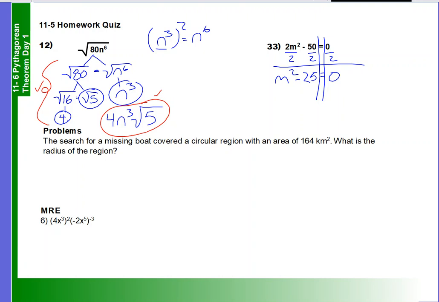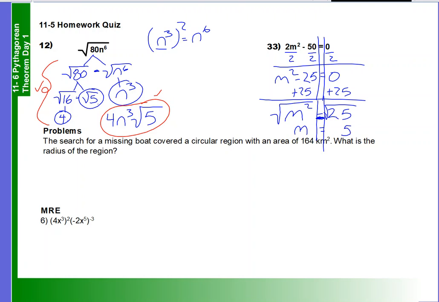My next step, well, let's add 25, and so I get m squared is equal to 25. Well, what's the opposite of squaring? Square rooting. So I'm going to take the square root of both sides, and that's the same basic idea as dividing both sides, and so I'll end up with m is equal to 5.